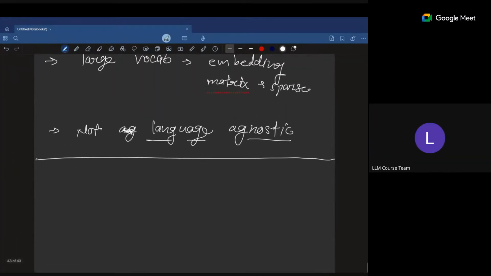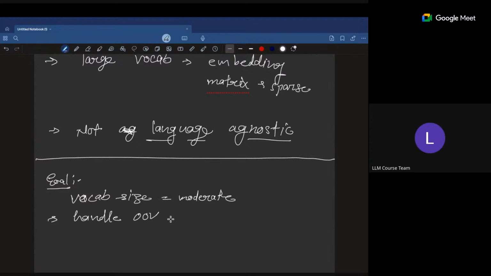What is our goal? We want our vocab size to be moderate, somewhere in between character level and word level. And we also want to handle out-of-vocabulary or unknown words well.